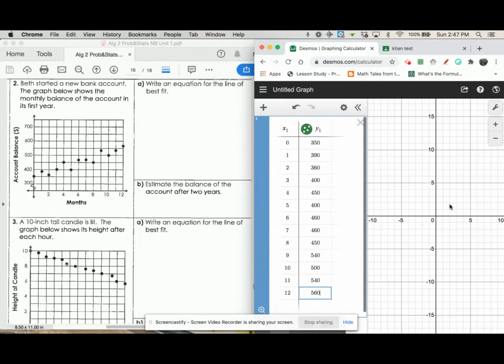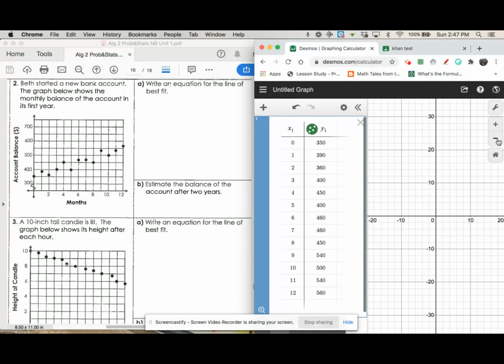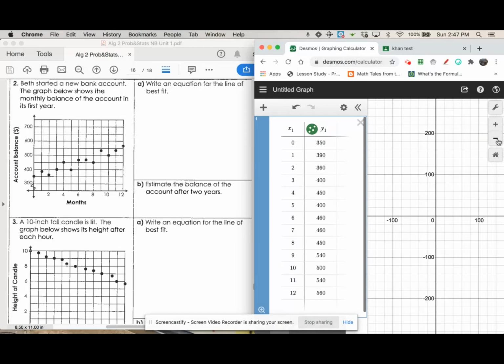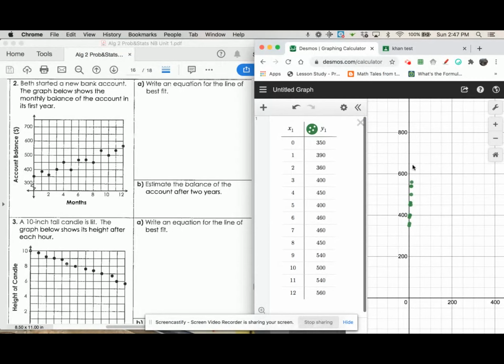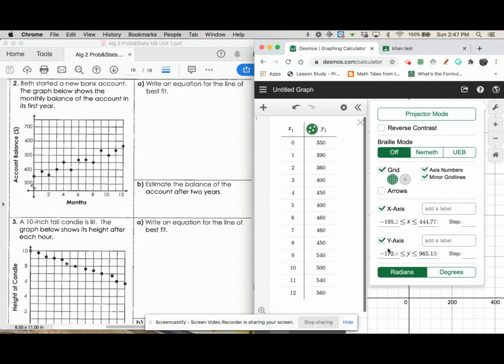Notice my values are nowhere to be seen because look at these 300s. So I need to zoom way in to find these values. There they are. So that's kind of hard to read. So if you hit the wrench, it's going to let me change the axis values.